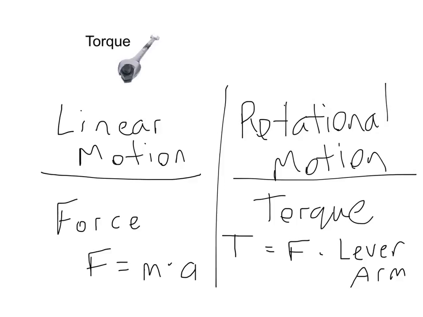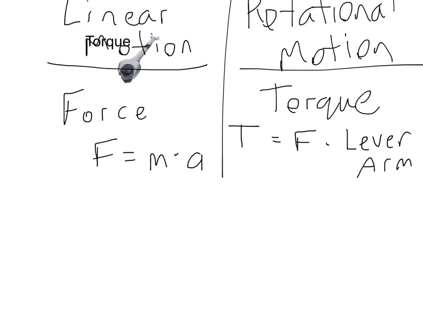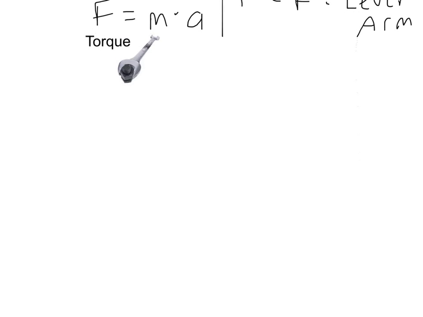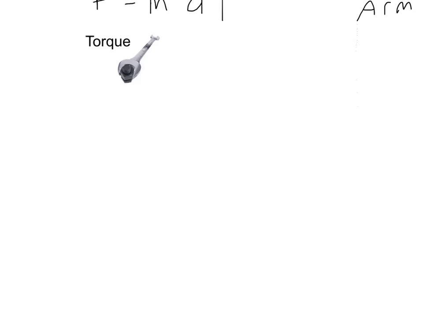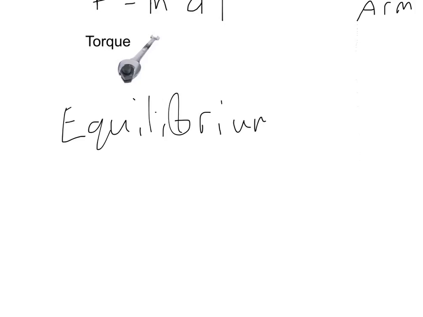Now, most of the problems that we'll see in this class related to torque will be related to a concept called equilibrium, and that's something you've heard of before. In equilibrium, we can say a couple of things.